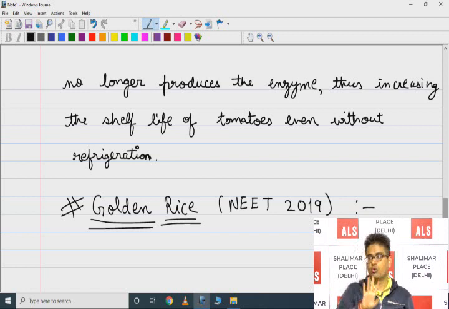It is connected to golden rice in some way. I'll explain once I give you this example. Carrots do not contain vitamin A. Now you will get confused. Why is sir saying that carrots do not contain vitamin A?